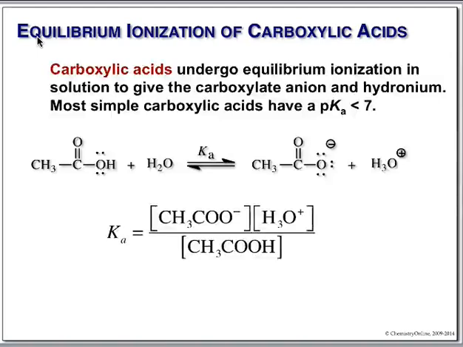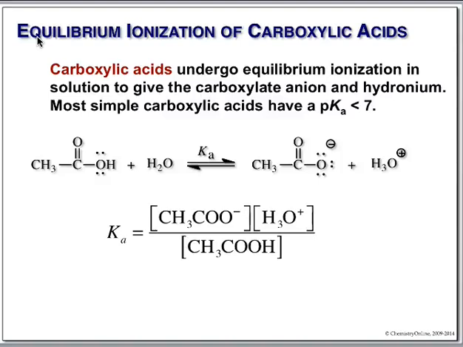Now, acetic acid, all carboxylic acids, are what we refer to as weak acids. There are a couple that are pretty much on the borderline of strong acids, but acetic acid is a weak acid. Now, remember what a weak acid means. It refers to this equilibrium. In a weak acid, we have very little of the anion and hydronium, and most is here undissociated.